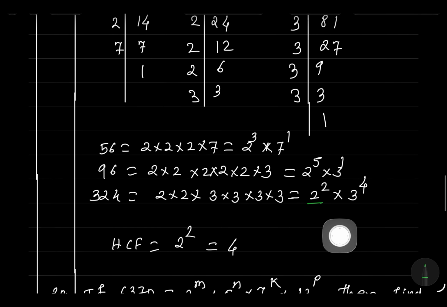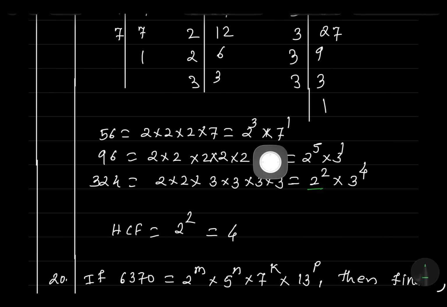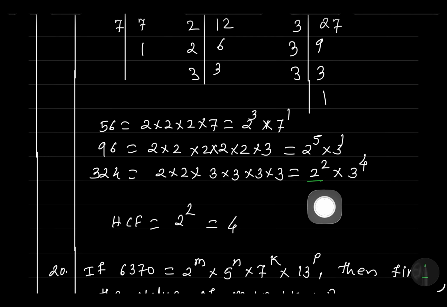So here, we are writing by the prime factorization method. 2 raised to 3 into 7 raised to 1, 2 raised to 5 into 3 raised to 1, and 2 raised to 2, or 2 square, into 3 raised to 4. We are finding the HCF, so we have to take the common factors. Here only 2 is common, other numbers are not common, so we are not taking the other numbers.